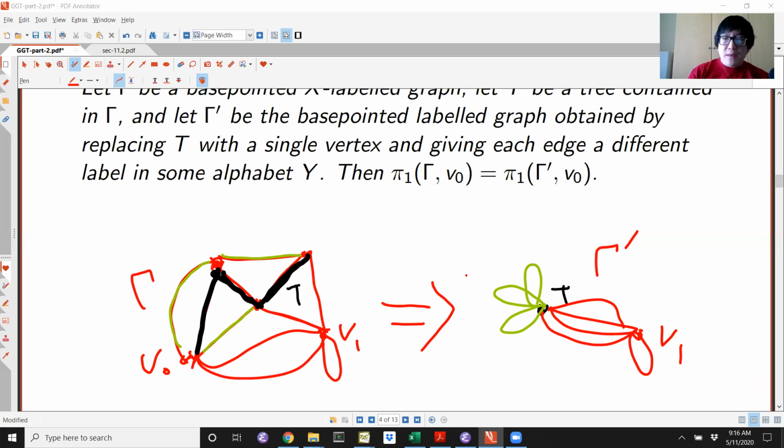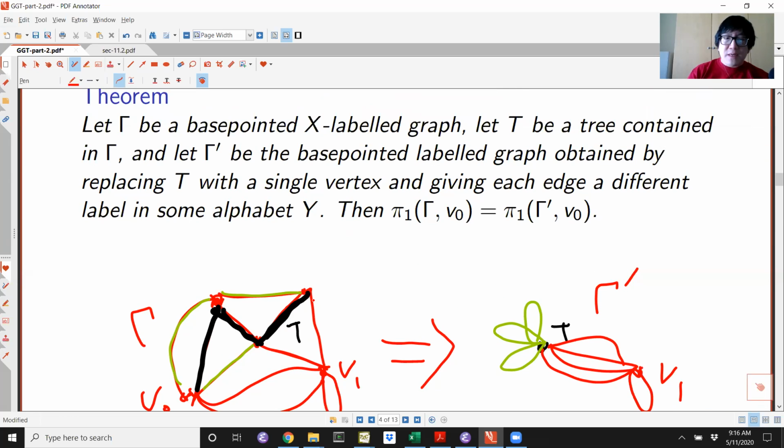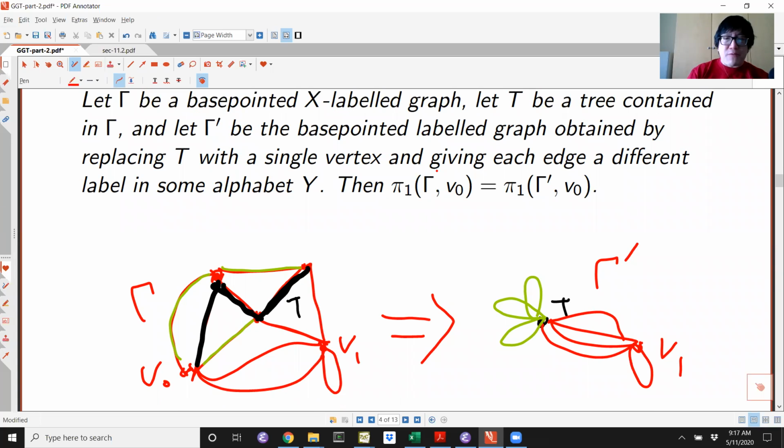Okay, so then in that case, let gamma prime be that base pointed labeled graph obtained by that collapse operation. Here's v sub 0. I guess it should be v sub 0 prime, strictly speaking. Okay, whatever.